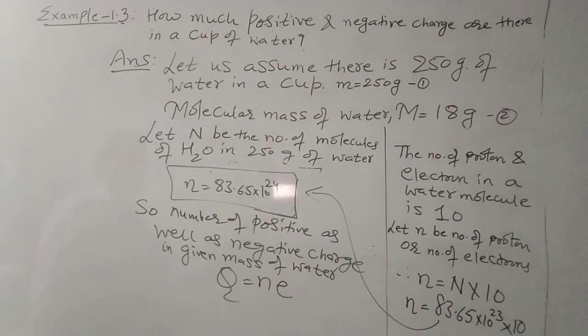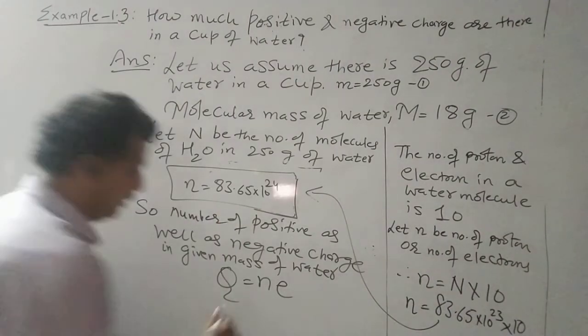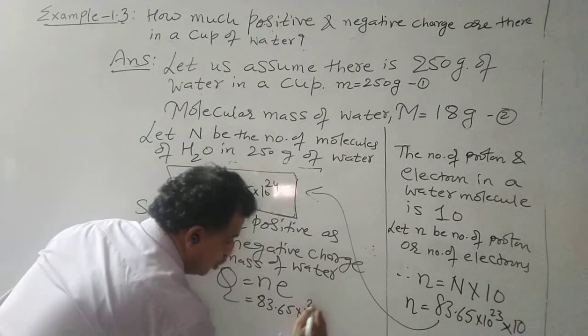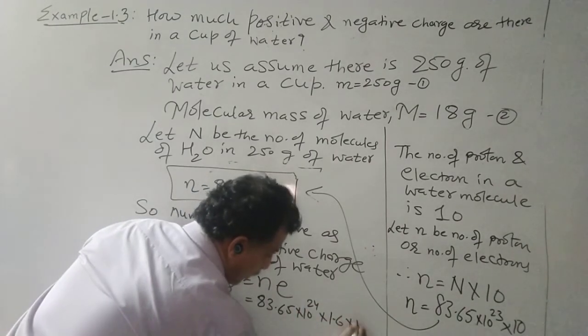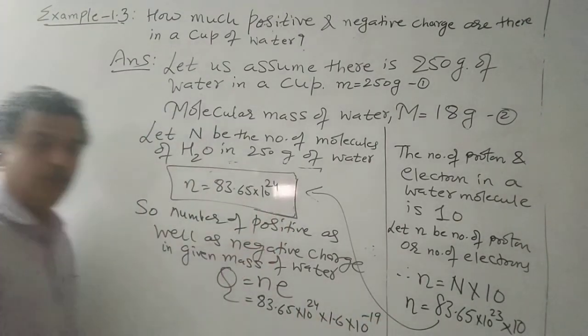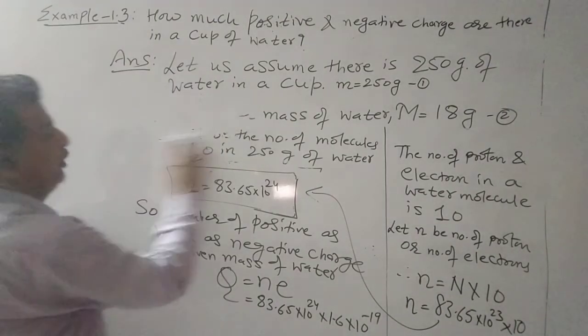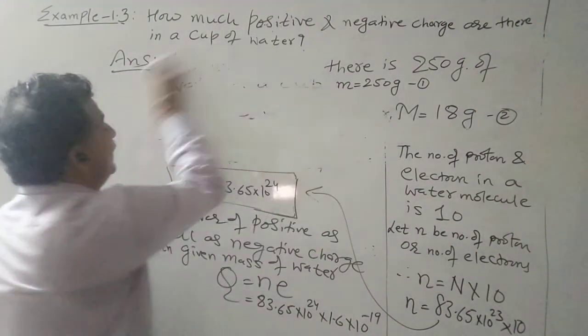Now you have to find out the charge. This is a number only. So it comes out to be 83.65 into 10 raised to 24, and the charge on each proton or electron is 1.6 into 10 raised to minus 19. So we simply apply the formula Q is equal to ne.